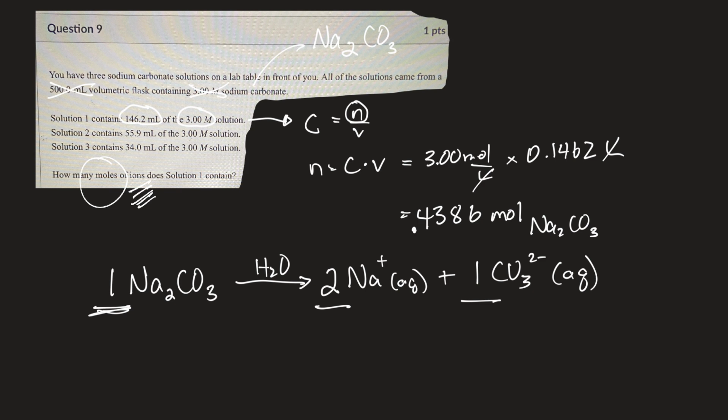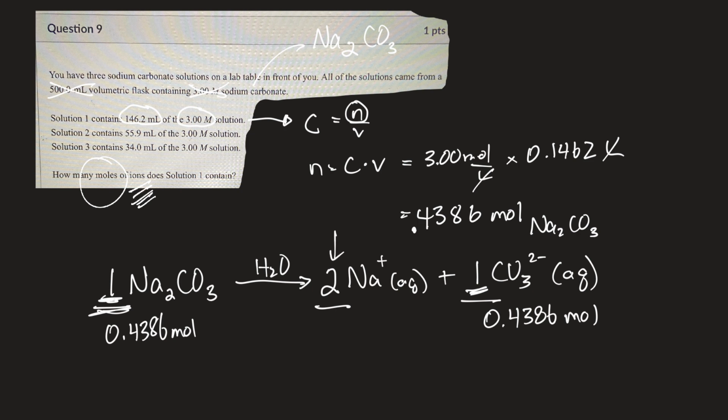Okay, so that's in my equation. But I have 0.4386 moles of this stuff. So once it dissociates, I'm going to have 0.4386 moles of this, because it's 1 to 1. And for this one, how many will I need?